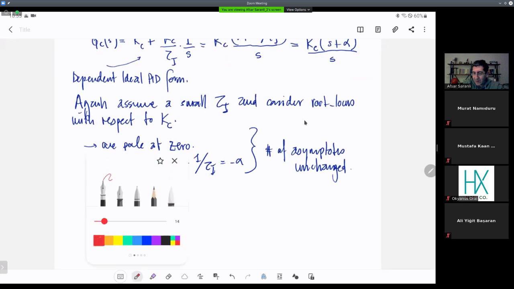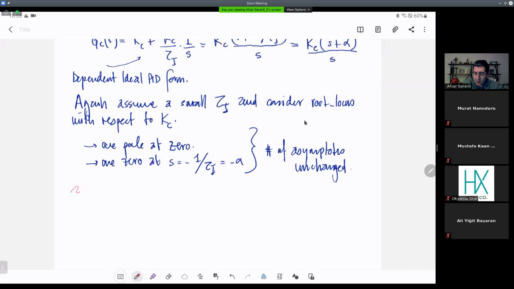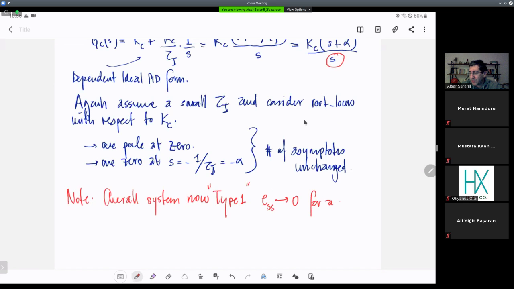One of the important things to note is that the overall system is again type 1, because we still have this denominator integrator, which means the steady state error will go to 0 for a unit step reference and a type 0 plant.